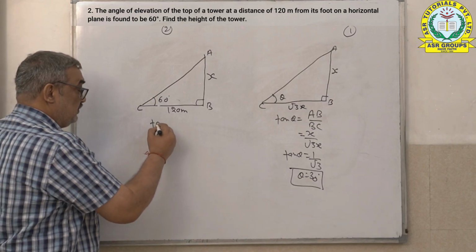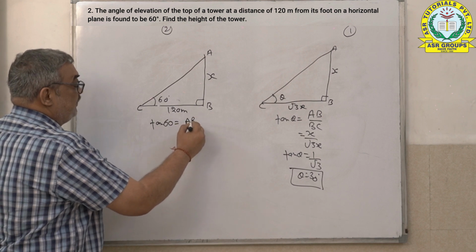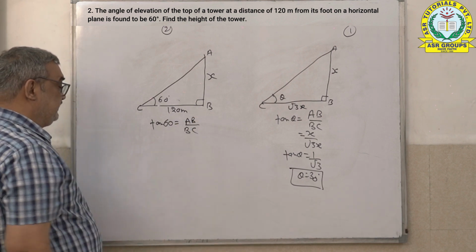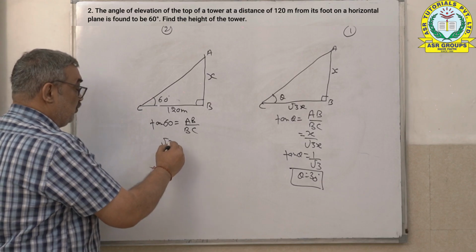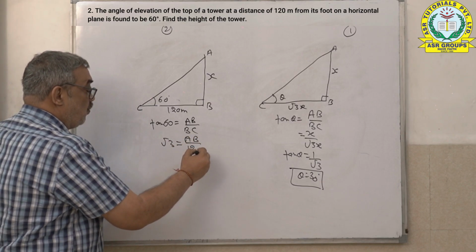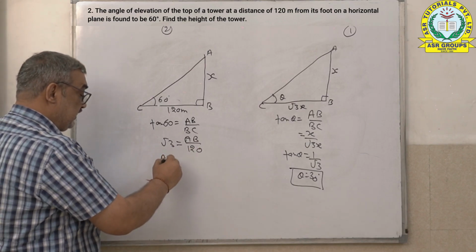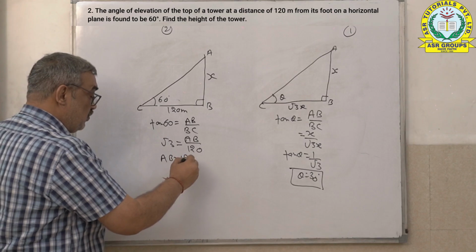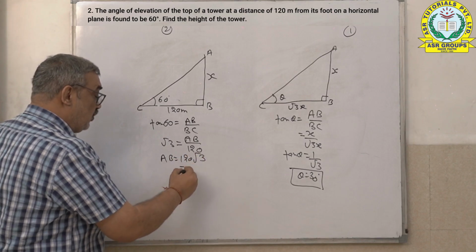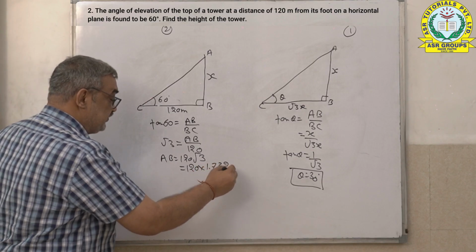So, tan 60 equals AB upon BC. Root 3 equals AB upon 120. Do cross multiplication. AB is, now root 3 value you know, 120 into 1.732.